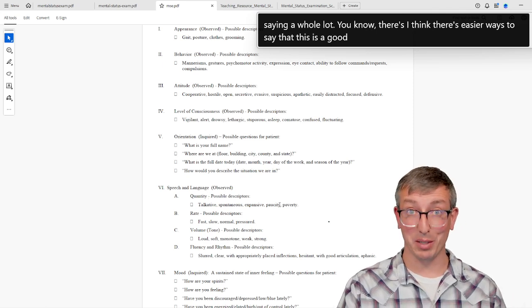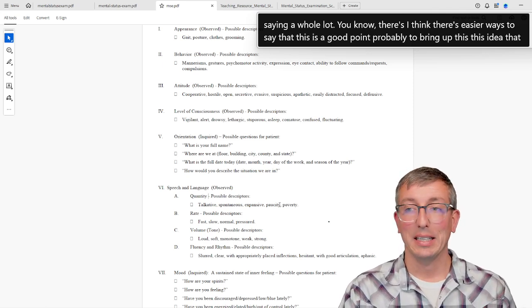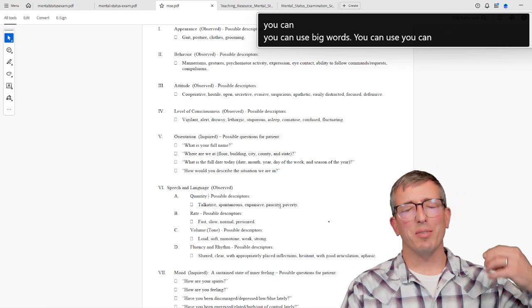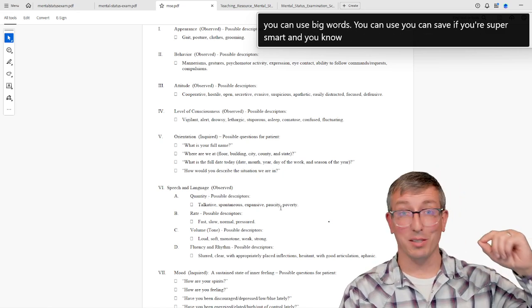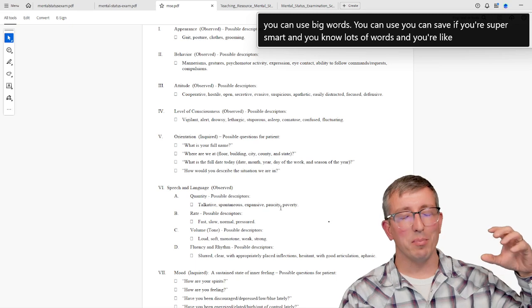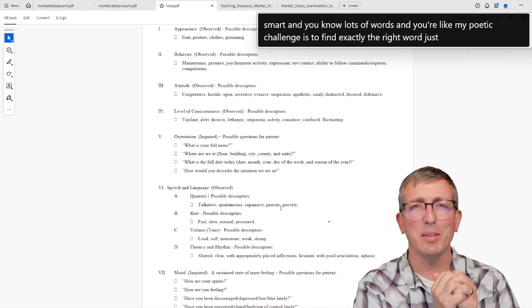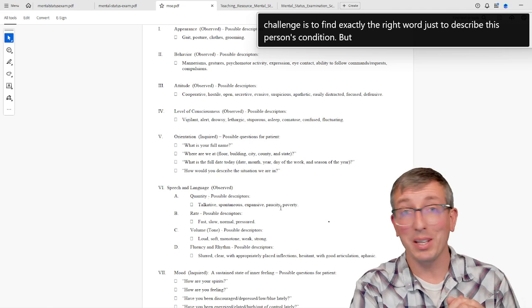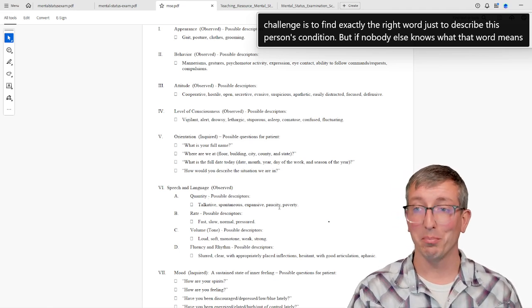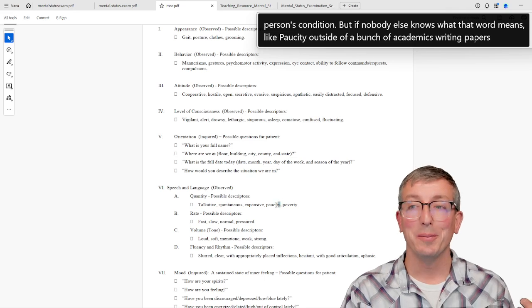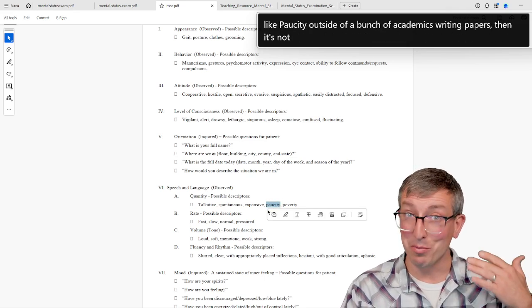This is probably a good point to bring up the idea that you can use big words. If you're super smart and you know lots of words, you might say, my poetic challenge is to find exactly the right word to describe this person's condition. But if nobody else knows what that word means, like paucity, outside of a bunch of academics writing papers, then it's not really going to communicate the message.